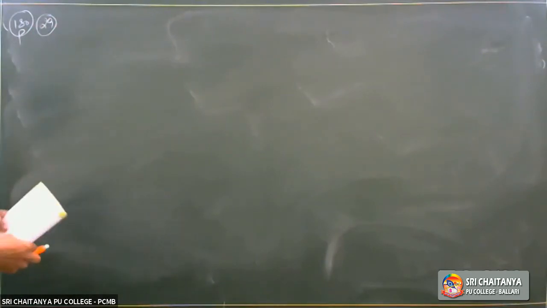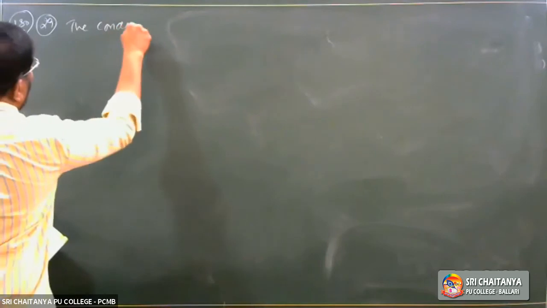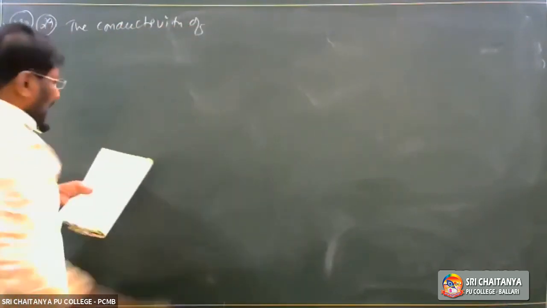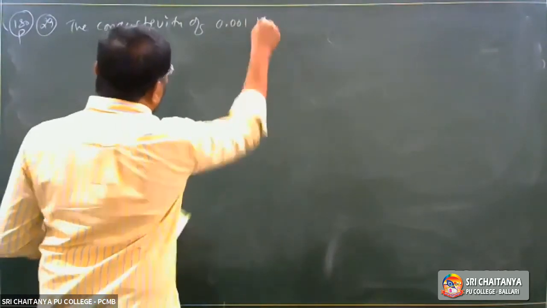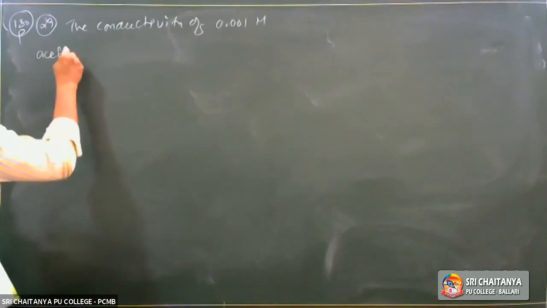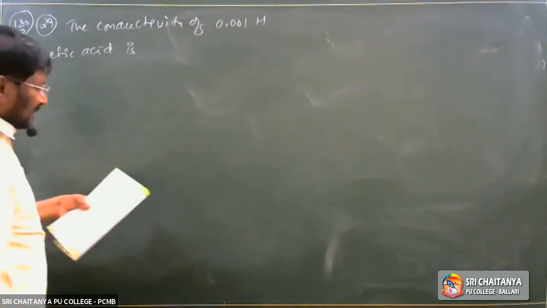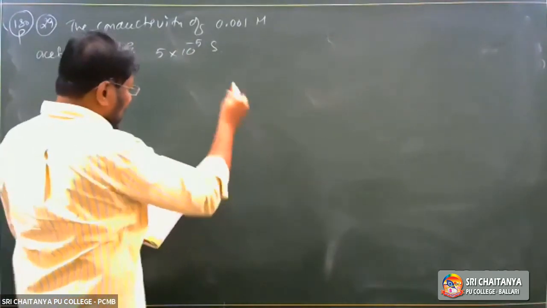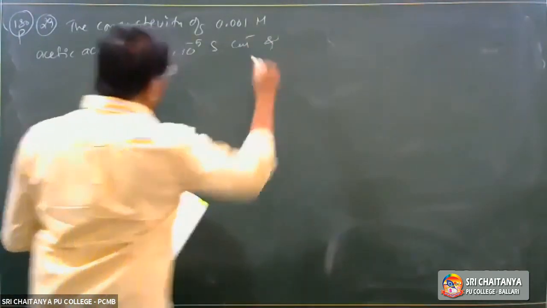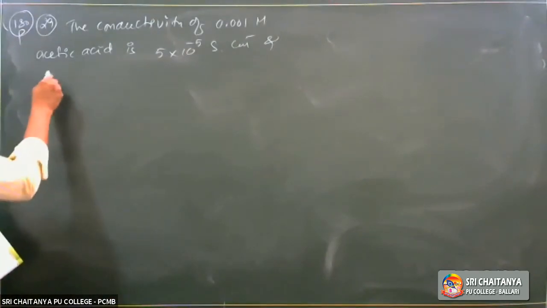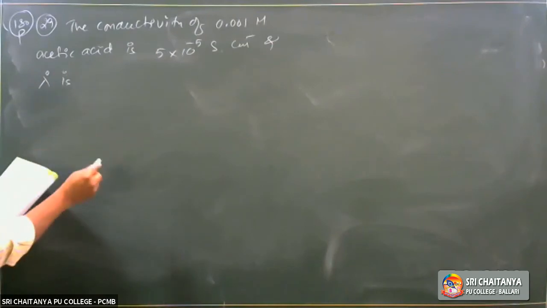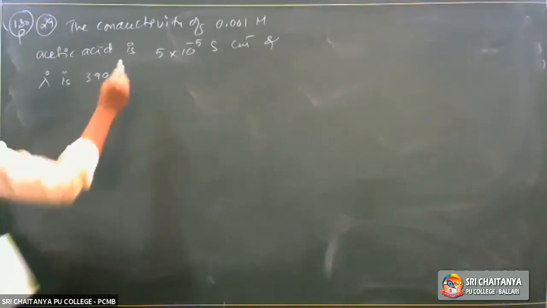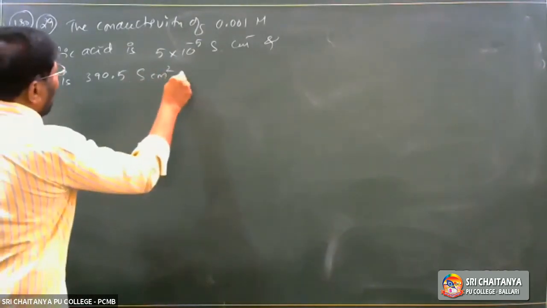Page number 180, question number 29. The conductivity of 0.001 M acetic acid is 5 into 10 power minus 5 Siemens per centimeter, and lambda naught is 390.5 Siemens centimeter square mole inverse.